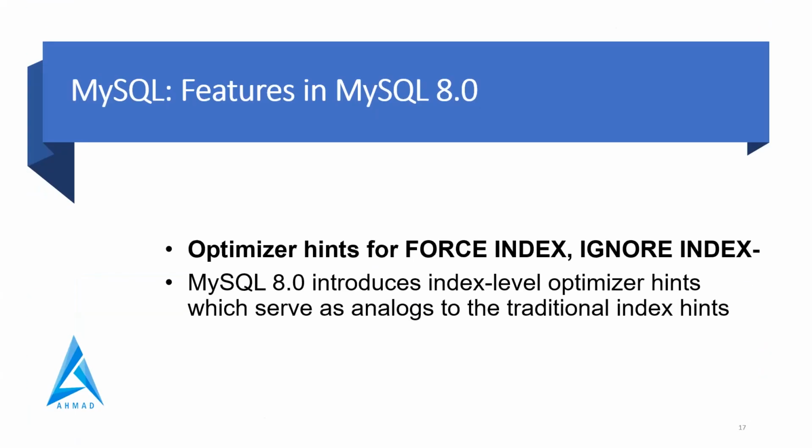Okay. Now there are other optimizer hints introduced, that is FORCE INDEX and IGNORE INDEX. So we can use these hints for the optimizer. MySQL 8 introduces index-level optimizer hints, which serve as analogs to the traditional index hints. Basically we know that whenever we want to force the optimizer to use our plan, we use hints.